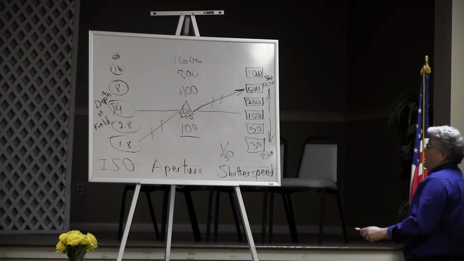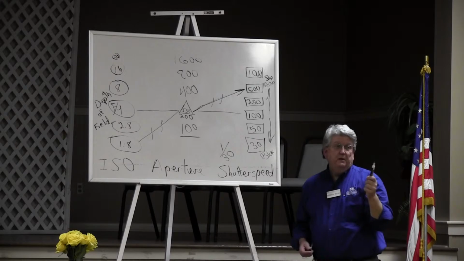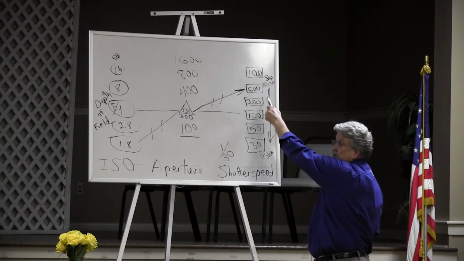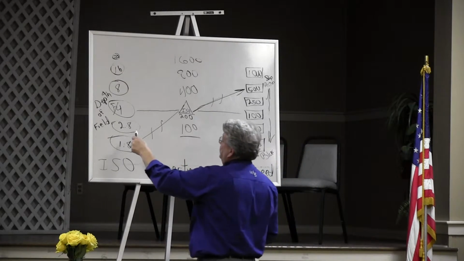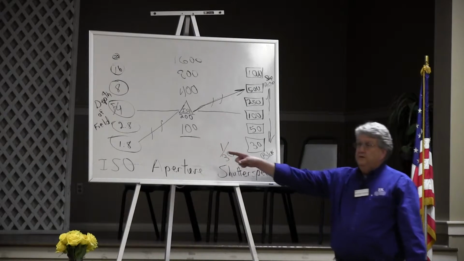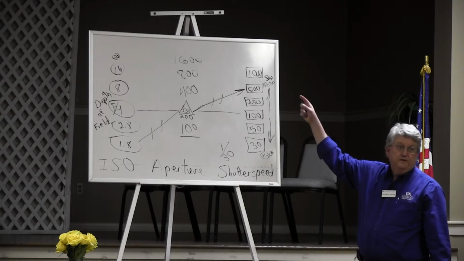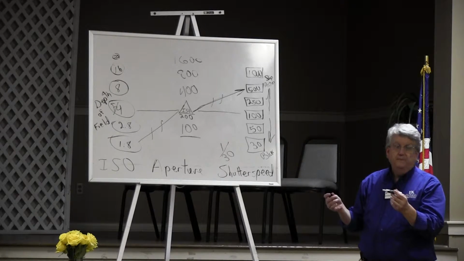If I was dealing with water, I'd be dealing with shutter speed. See, it depends on your subject, what you're dealing with. Are you dealing with action? You deal with it over here. Are you dealing with depth of field? You deal with that over here. Depth of field, like that flower picture, it doesn't matter how fast the shutter speed is, as long as it gives you a good exposure, all right?